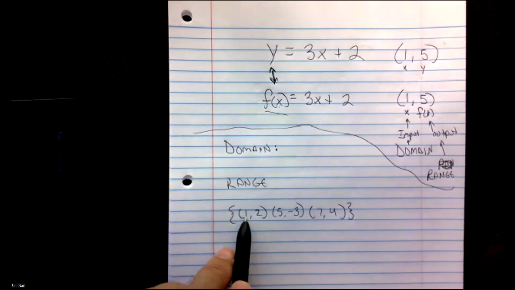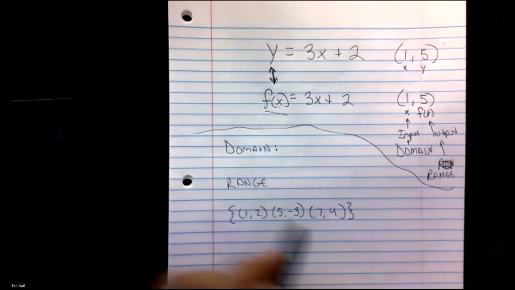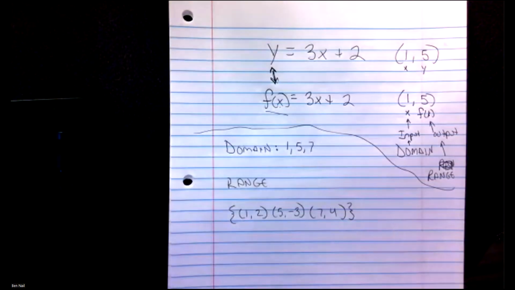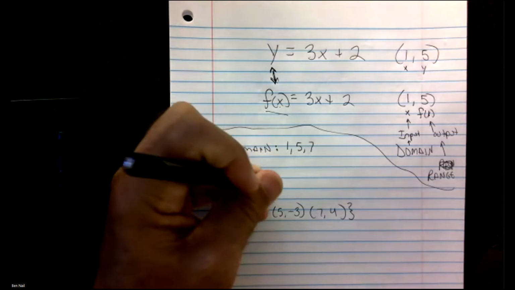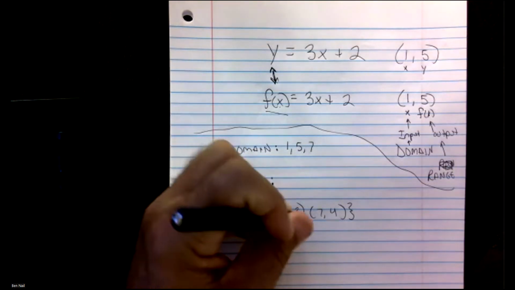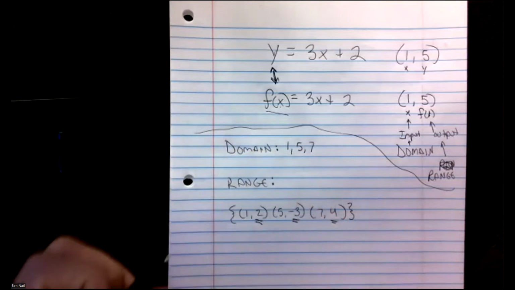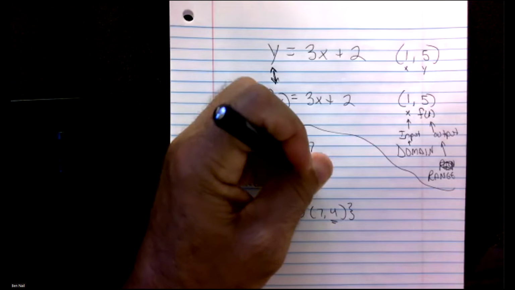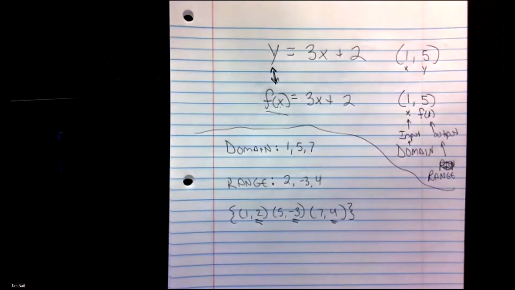So the domain is 1 and 5 and 7. The domain is asking for all of your x values. In this case, we've got 3. We got 1 and 5 and 7. If they ask you for the range, they are asking for your possible y values. So in this case, your range would be 2 and -3 and 4.